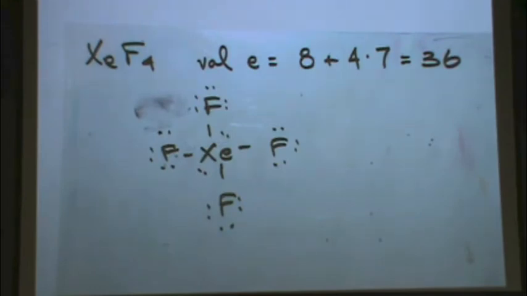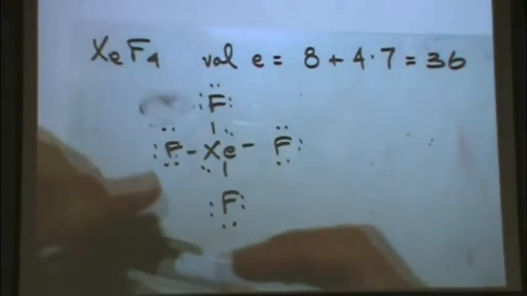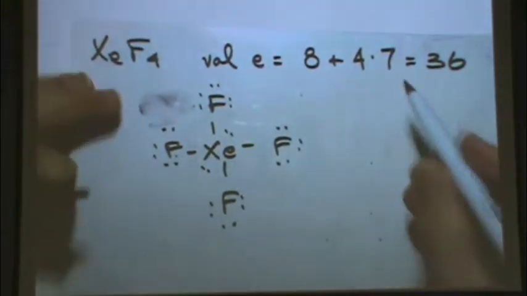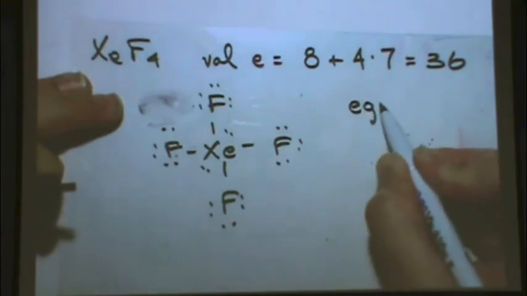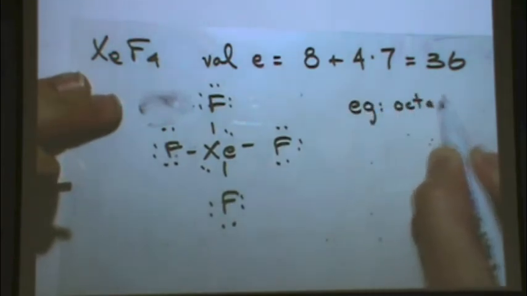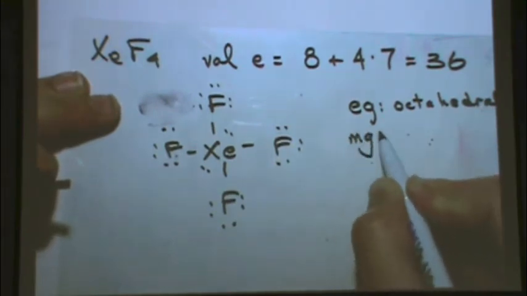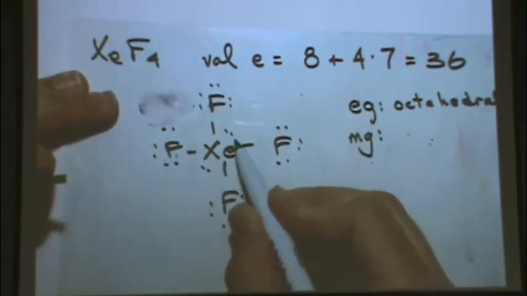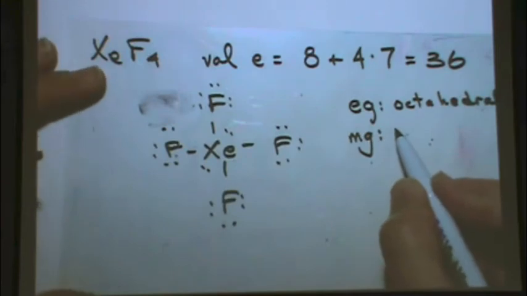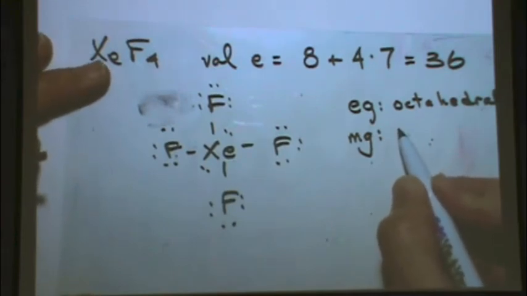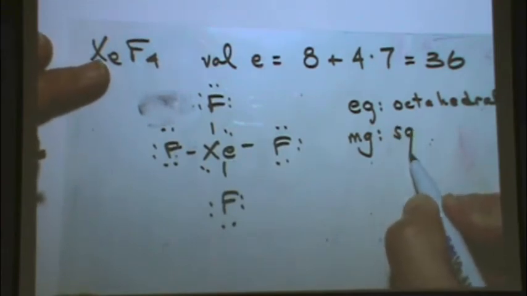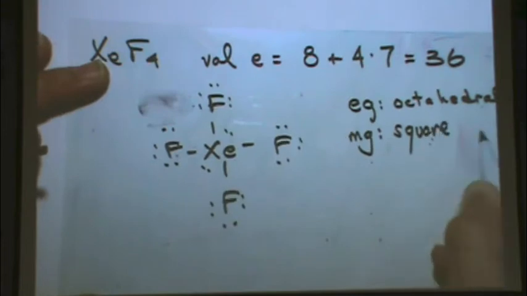So I get this sort of structure. How many groups are around that xenon? You should get 6 groups, so the electronic geometry is octahedral. Because 2 of them are lone pairs, the molecular geometry is square planar.